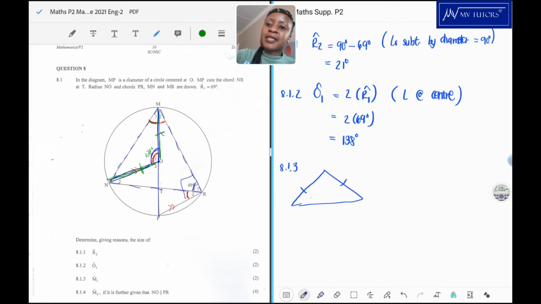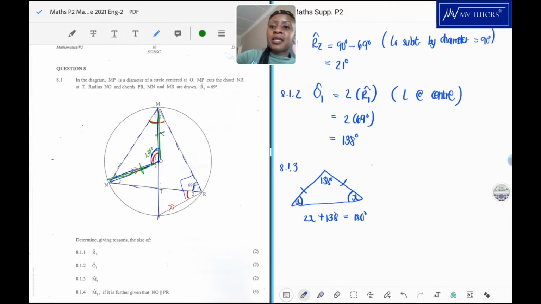Basically you have the same lengths there, and you also have the same angle. So if I have 138 there, and I add all these angles up, let's call it x. So I have 2x plus 138. That should give me 180.